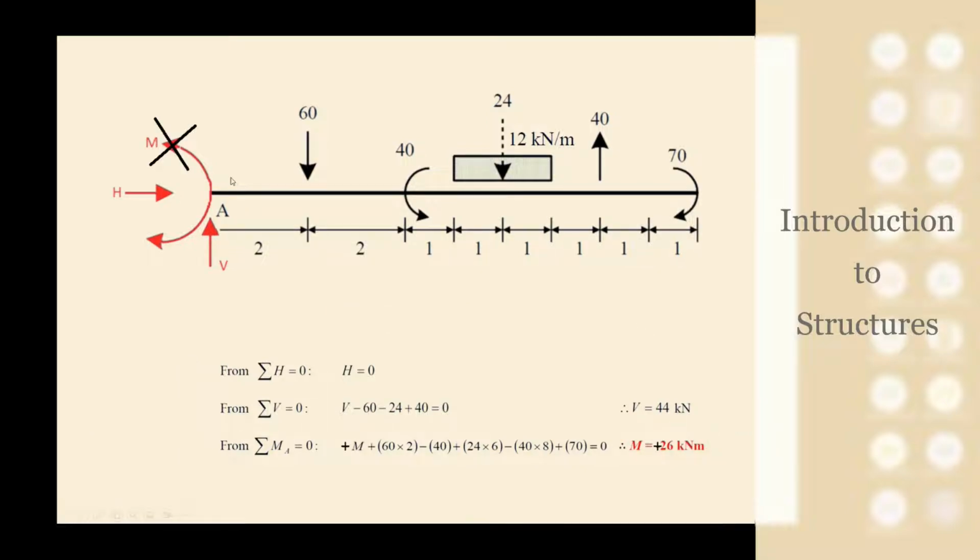So you have to change the direction of the moment, correcting in your free body diagram the direction of the moment in this case. And if you rewrite the equation of moments, you will notice that now M is positive. All the other signs are correct because you didn't change the direction of any force or moment. Now when you work out the value of M, the sign of your moment is positive. This means that 26 kilonewton meters, the moment as a reaction at the point A, has a clockwise direction and not the anti-clockwise direction we have chosen from the beginning.